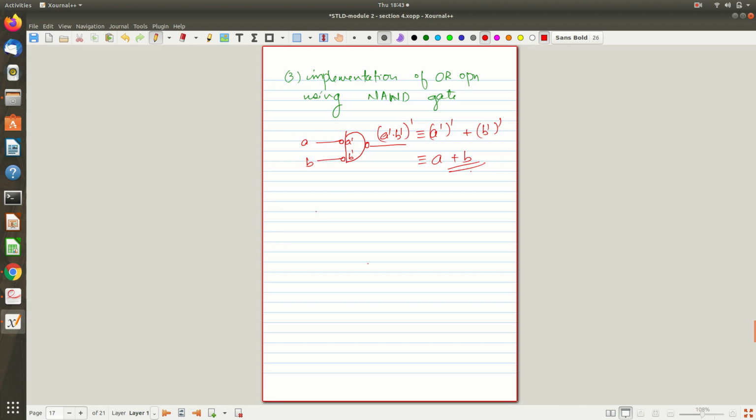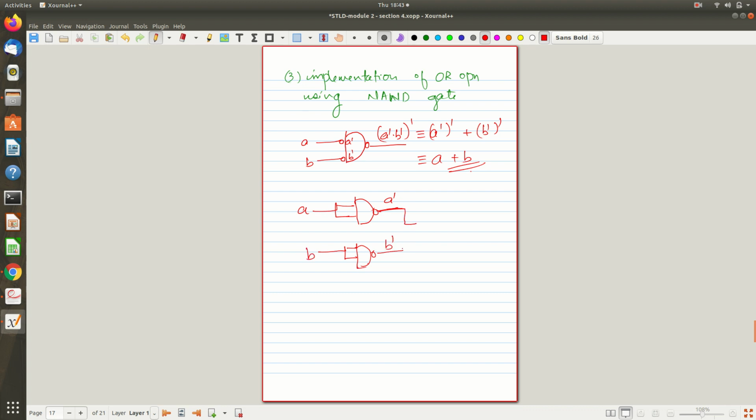Now the inverter itself we can implement using a NAND gate. How is it to be done? Instead of an inverter there, you use a single NAND gate. Now input A you can apply, so that this is going to give you A complement. Similarly, use another NAND gate like this, and for this you can apply B, so that this is going to give you B complement as output.